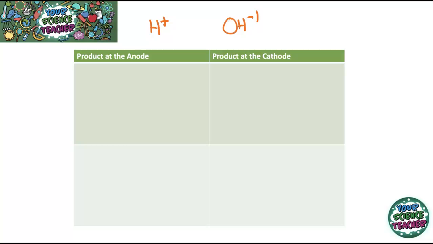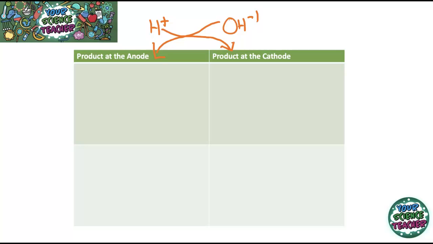So what's going to happen in my electrolysis is my hydrogen ion is going to be attracted to the negative cathode and travel to it, and my hydroxide is going to travel to my positive anode and be attracted to it as well.